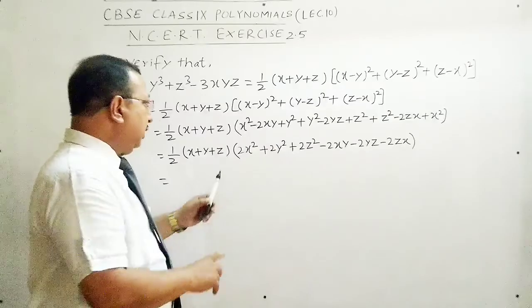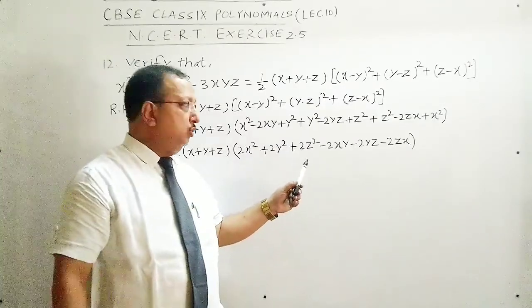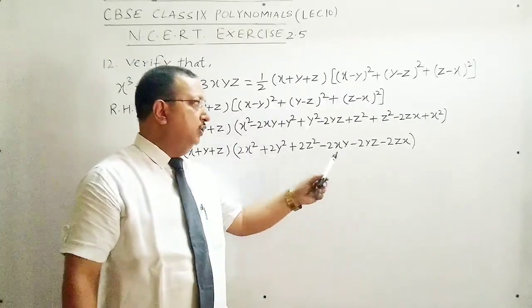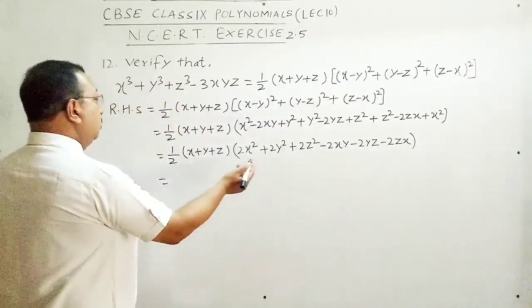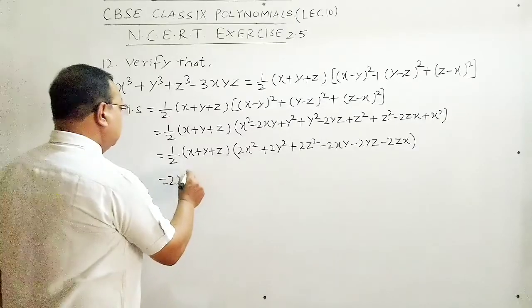Now from 2x square plus 2y square plus 2z square minus 2xy minus 2yz minus 2zx, 2 is common. That 2 common will come in the beginning.